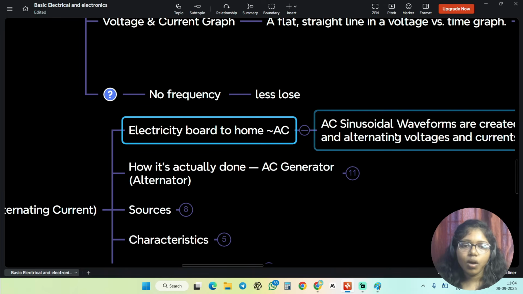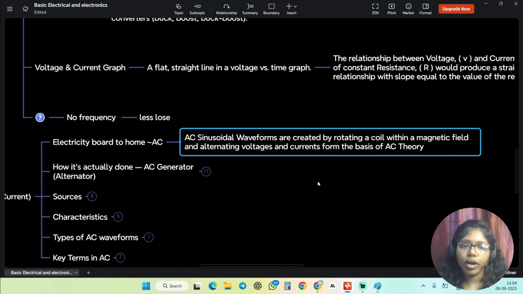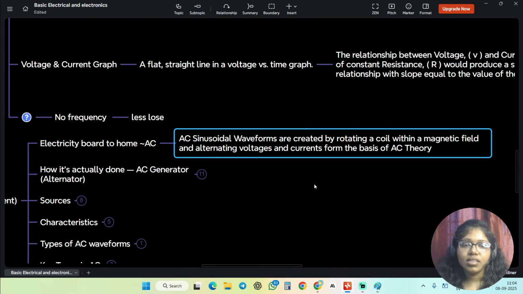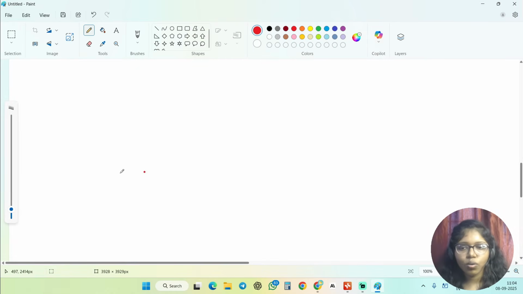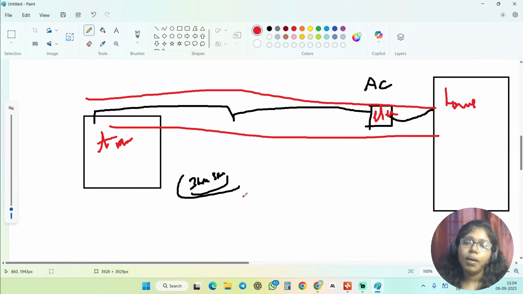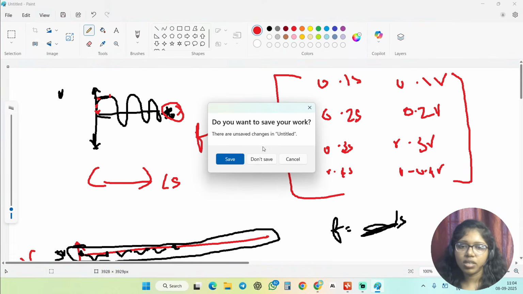Now, AC sinusoidal waves are created by a rotating coil in a magnetic field. This is how alternating current is actually produced. We already know how DC current is produced: when you give positive and negative charges, a potential difference is created, electrons start to move, and current flows. That is normal DC current, but how does alternating current change?